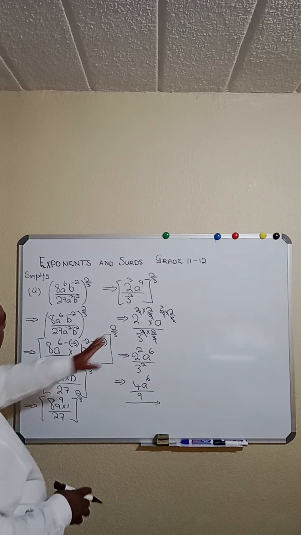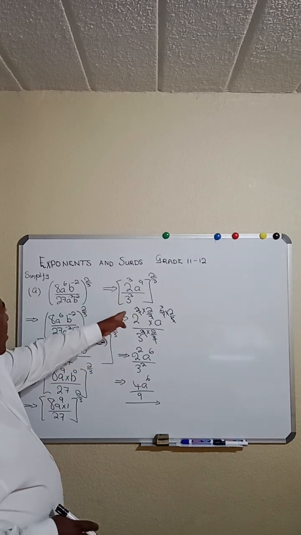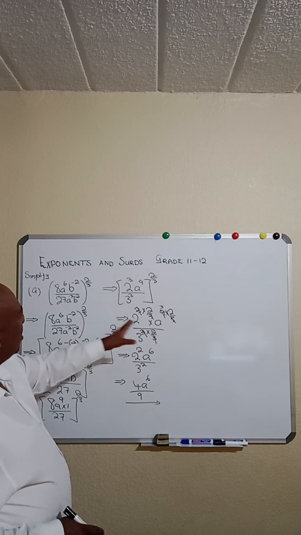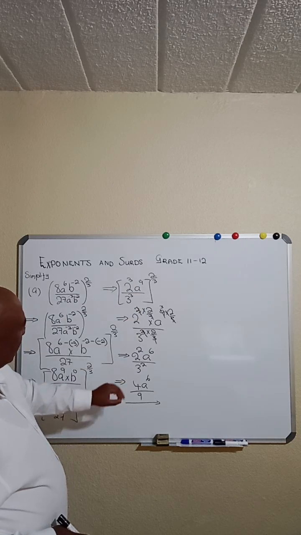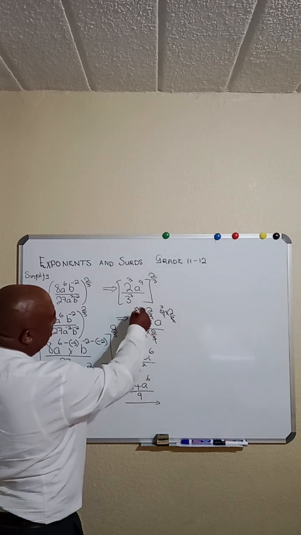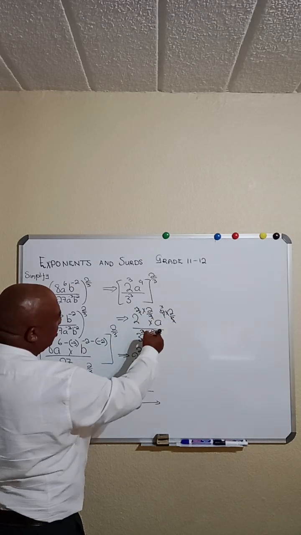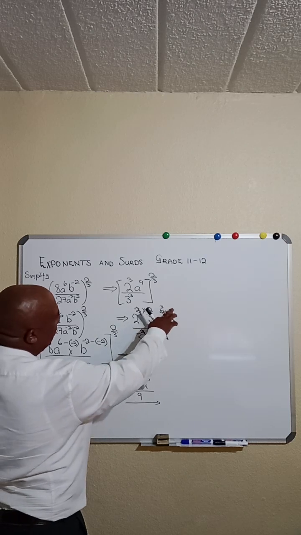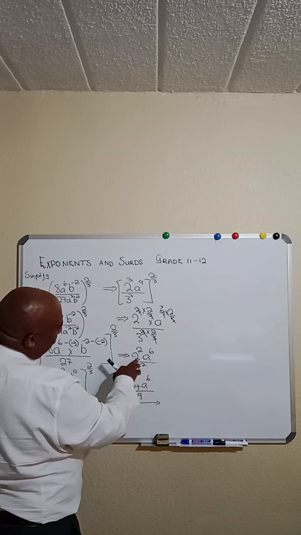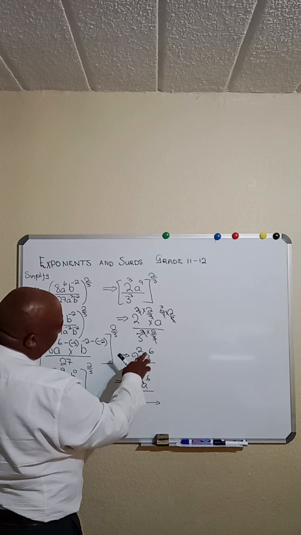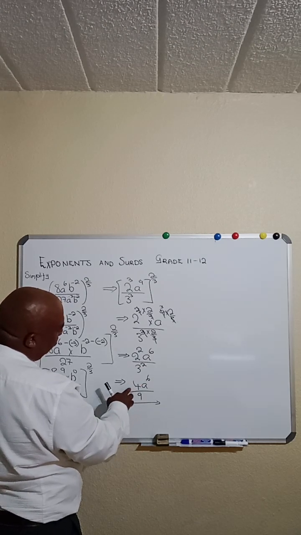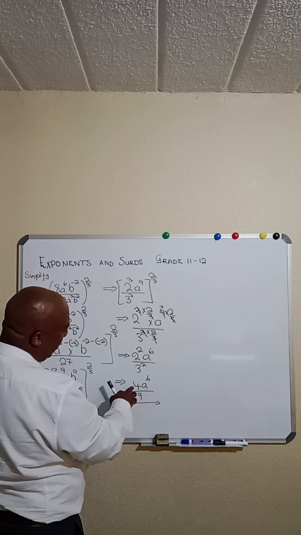Then you simplify inside the bracket, and you multiply the power 2 over 3 with all the powers inside the brackets, and then you cancel. The 3 cancels the 3, and we're left with 2 to the power 2, a to the power 6, divided by 3 to the power 2, which is 4 and 9. So our final answer is 4a to the power 6 over 9.